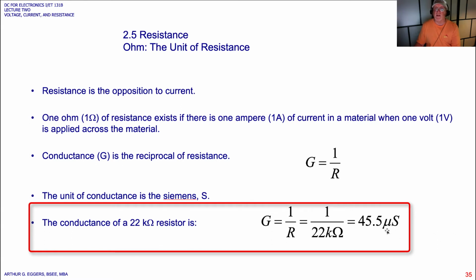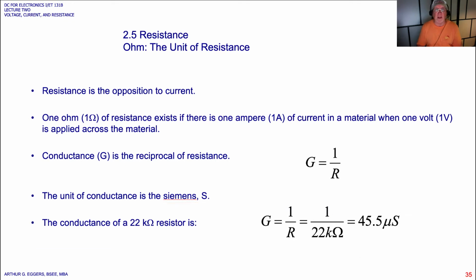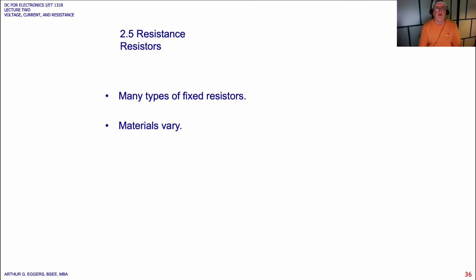Okay, micro, 10 to the minus 6. So it's a very, very small amount of current that we're looking at flowing. So with that in mind, that's a brief introduction to the mathematical relationships. We're going to develop it a lot more. Let's look at what a physical resistor looks like.